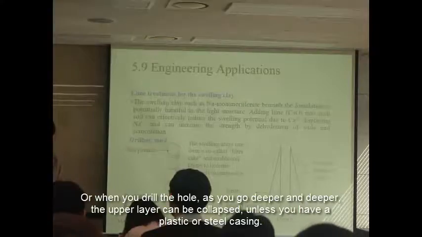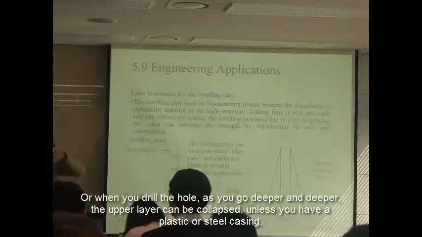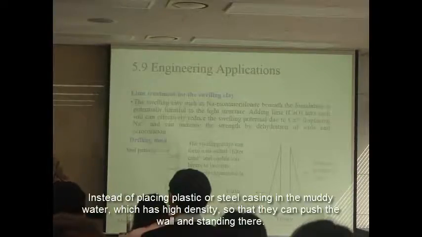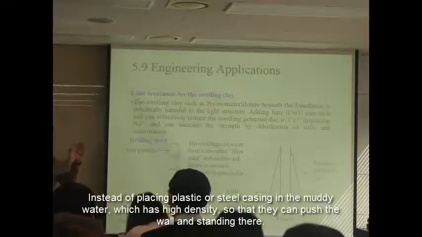When you drill a hole, as you go deeper, the upper layer can collapse, right? Unless you have some plastic or steel casing. So instead of using the steel casing, they inject this muddy water, which has pretty high density, so that they can push the wall and keep the wall standing there.